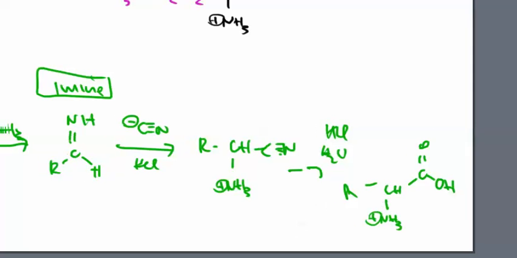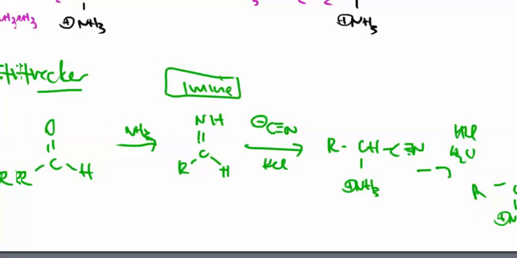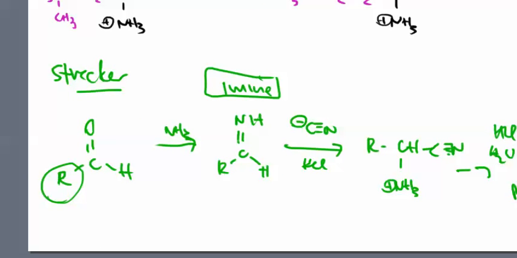And whatever R group we start with on the aldehyde, that determines the amino acid that I'm going to end up with. So I pick the aldehyde that I want to make an amino acid of. So if I want to make alanine, that's a CH3 group, I want to make sure that the CH3 group is here.